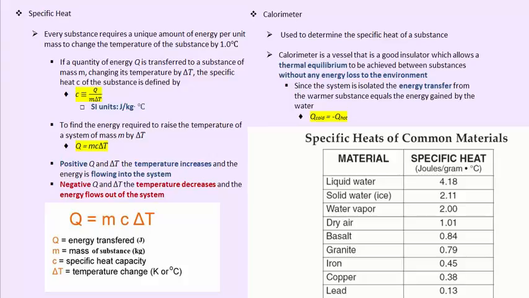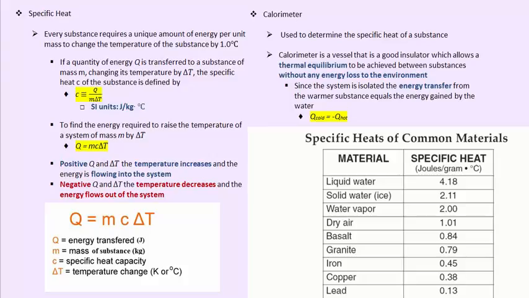If we're given a positive Q and our temperature increases, we can say that energy is flowing into the system. If we see a negative Q and our temperature is decreasing, then the energy is flowing out of the system.